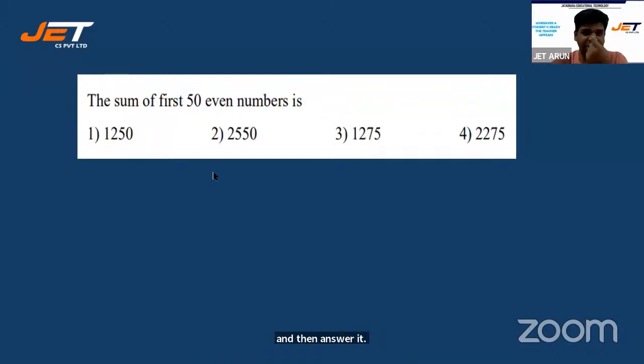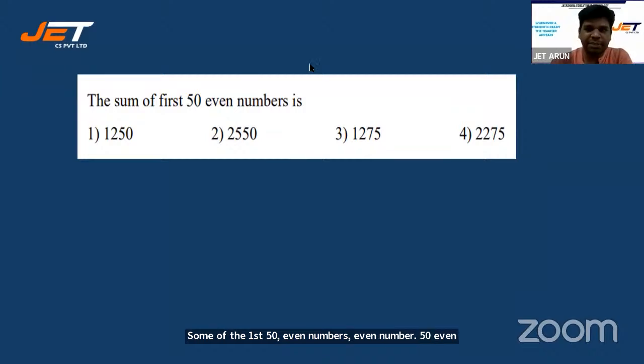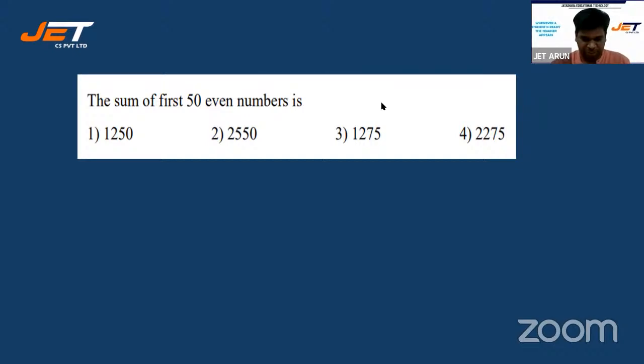Sum of the first 50 even numbers, students. The first 50 even numbers is 1250, 2550, 1275, 2275. Varun Tej says, okay.